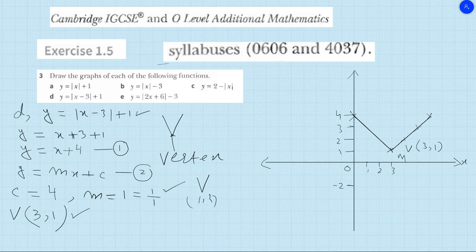Secondly, I wrote the wrong vertex. I wrote y first and x second. I wrote 1, 3, but the vertex was 3, 1. So I hope you understand. Sorry for this. Now I'm going to start the last part of this question number 3.